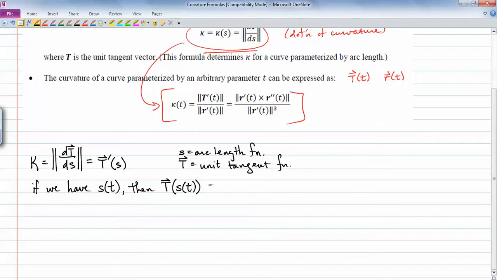So then that means that T prime of t, this is really like a T of t, right? T in terms of little t.